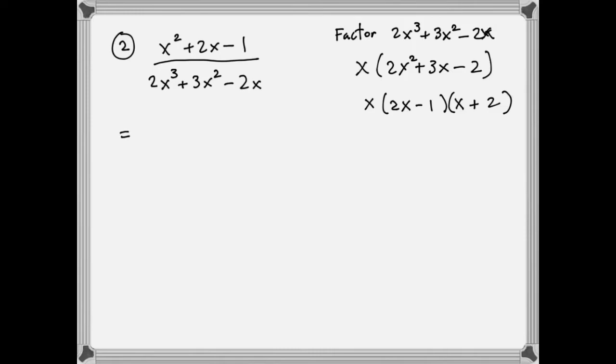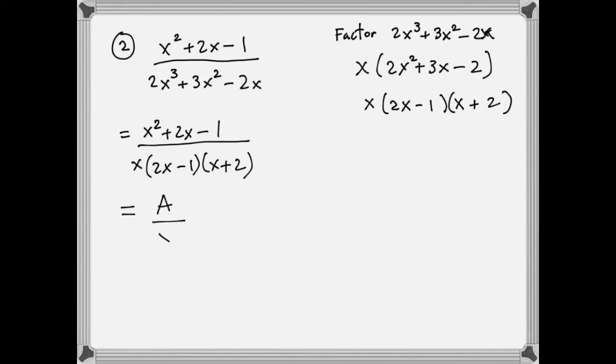So this is what we have. The bottom becomes x times 2x minus 1 times x plus 2. And so what's the partial fraction decomposition going to be? Remember, we have an unknown plus another unknown plus a third unknown.